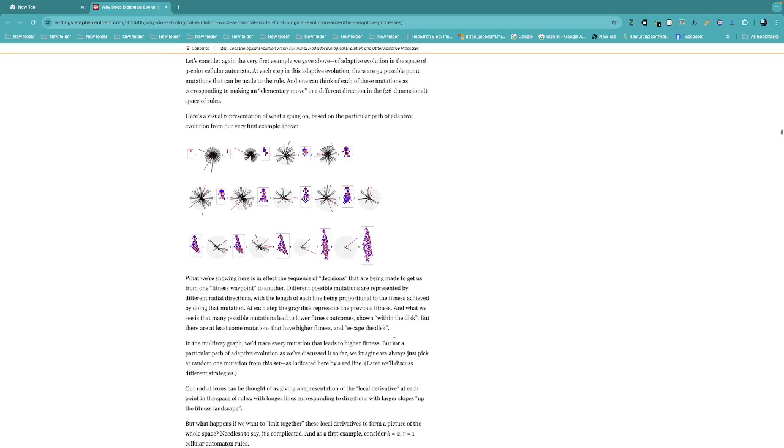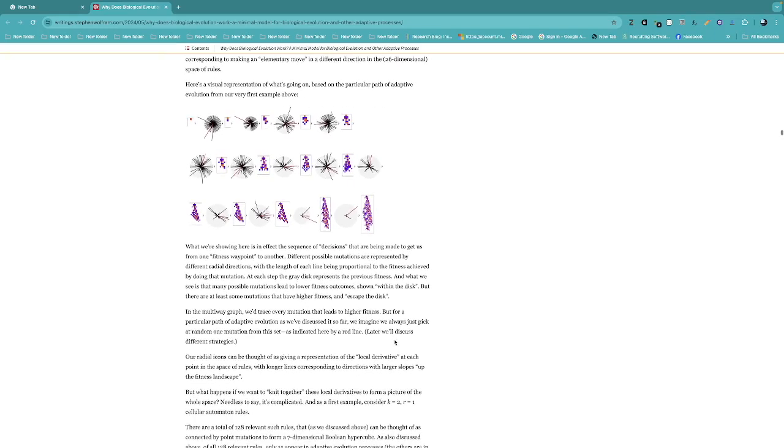So he does some work on looking at fitness landscapes and what he calls fitness waypoints, which are decision points within the fitness landscape that allow a population to move in one direction or another. I don't know if you want to call it a decision point, but it's definitely a point of contingency. In other words, if this is the rule or this is the mutation that's made, the population will go one way versus another.